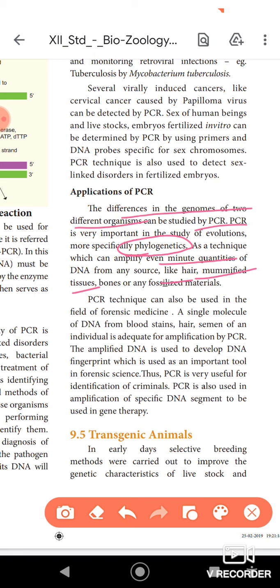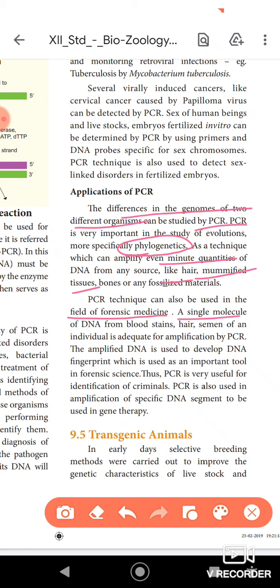Another important application of the PCR is very useful in the field of forensic medicine, forensic science. In the previous chapter, we already discussed DNA fingerprinting, no? DNA fingerprinting is used to detect the culprits. The DNA of two persons is multiplied to find out who the culprit is, and the PCR technique is very useful for this.